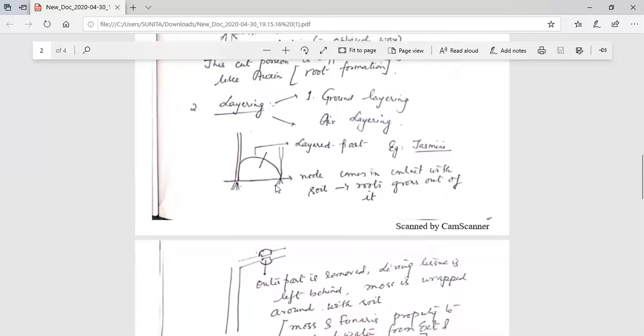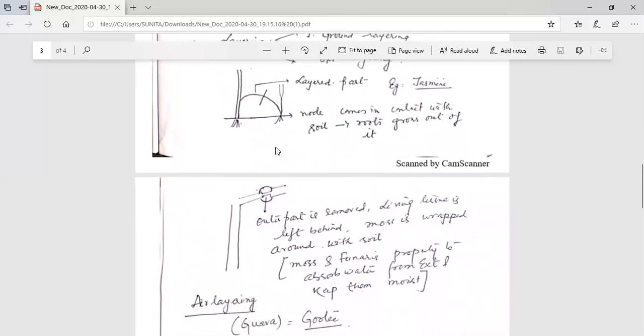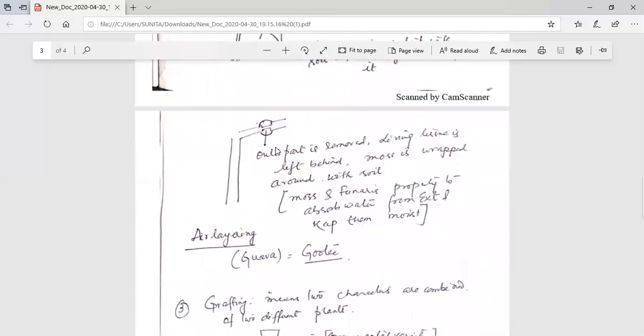Next is called air layering. Ground layering is followed where the stem is flexible. But where the stem is not flexible, we have to follow the process of air layering, where the outer part of the stem is to be removed.